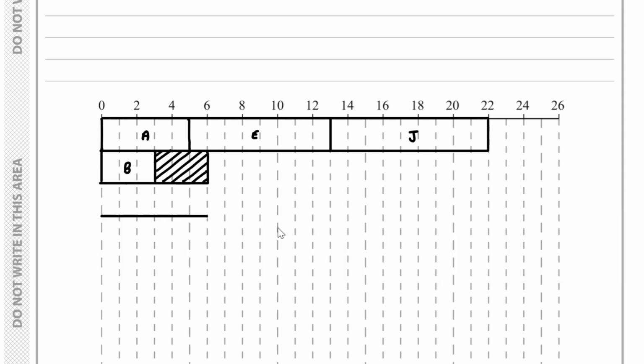And we know the duration of C is 4. So that is shown like this. So here we've got C. And then here we've got the extra float. Okay, so that's shown over here.